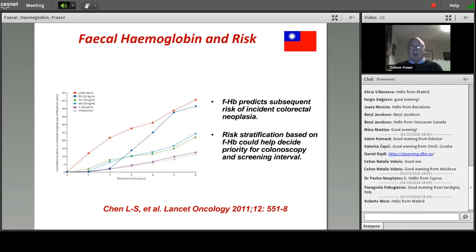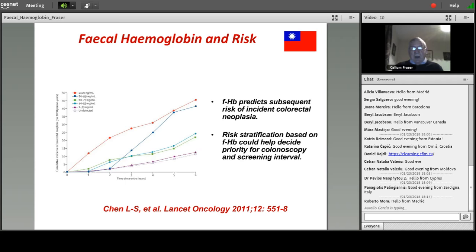Moreover, what we should realise is that fecal hemoglobin independently does predict risk. And here's a study from Taiwan, of people who had concentrations less than the cutoff point applied in the screening programs. When they were followed for a number of years, the incidence of colorectal cancer depended on the fecal hemoglobin concentration, even though it was less than the cutoff point.